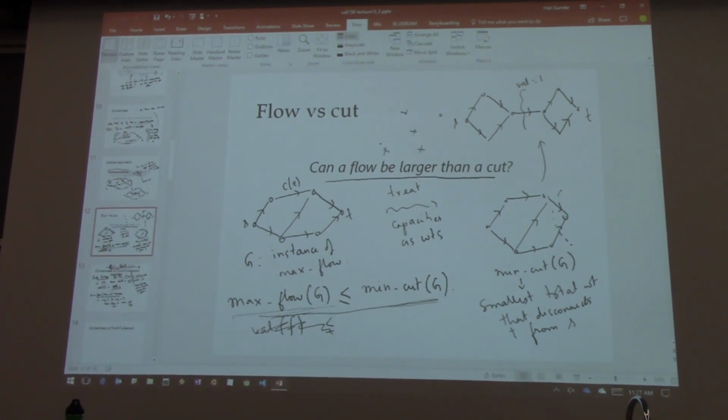This is S, this is T, these are a few edges, and I remove them. Now let's look at any flow from S to T. What's the most that it could be? We know that there's no other path from S to T, because otherwise it's not a cut. So any path must actually involve these edges.